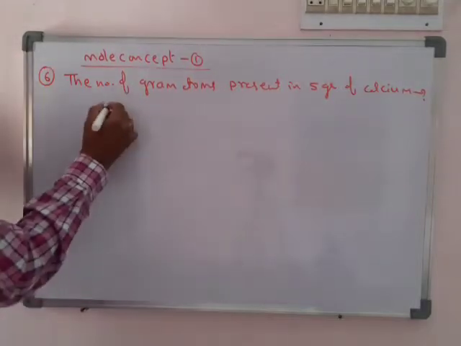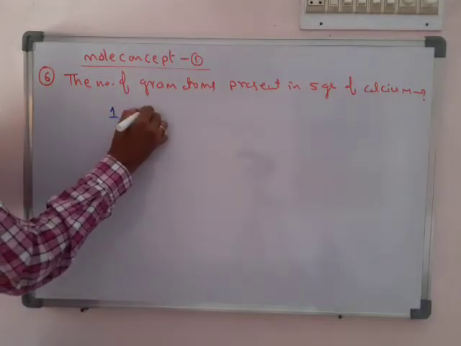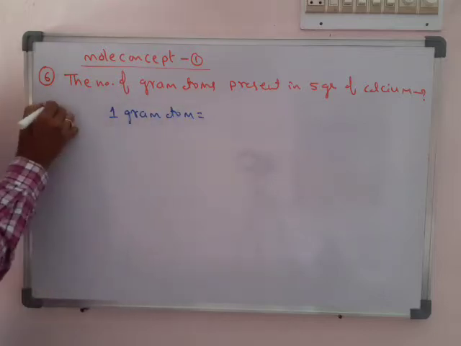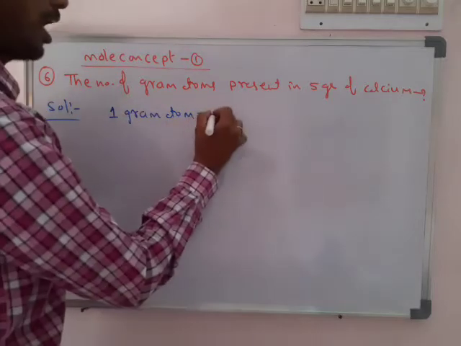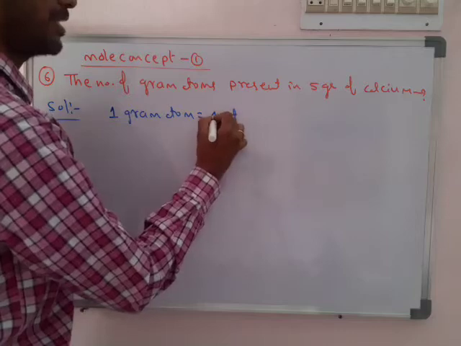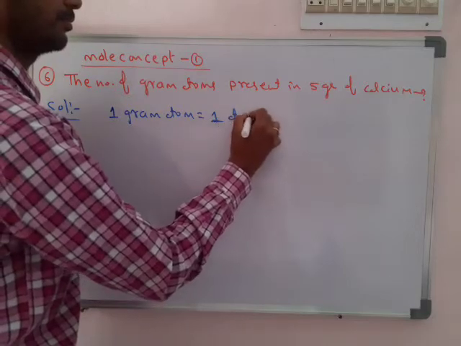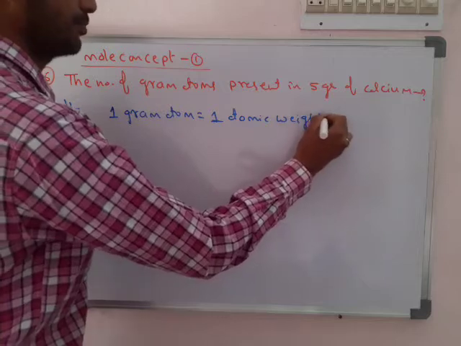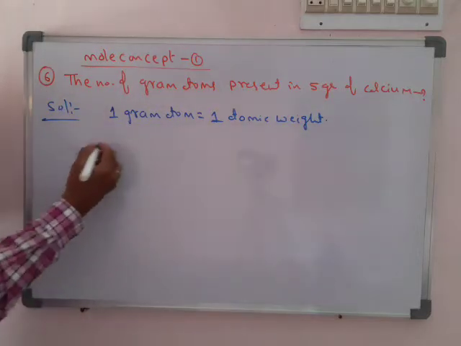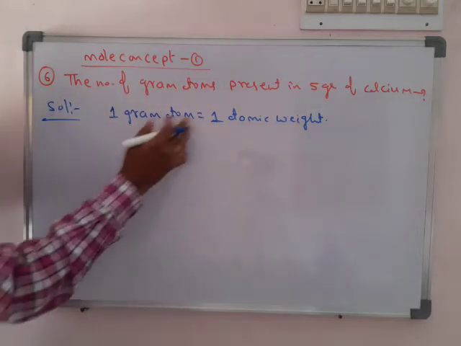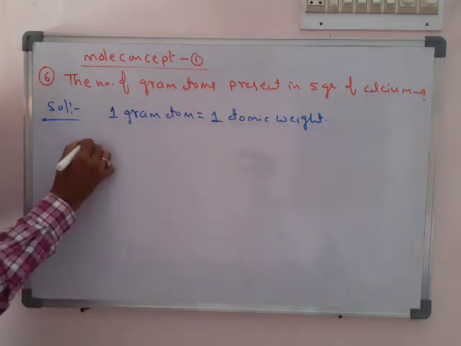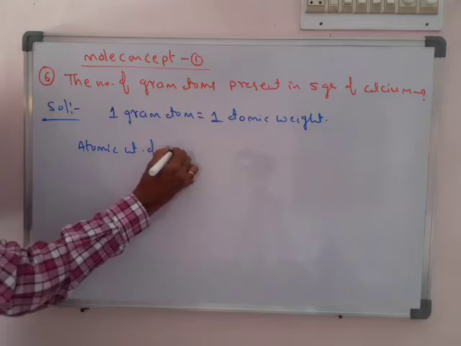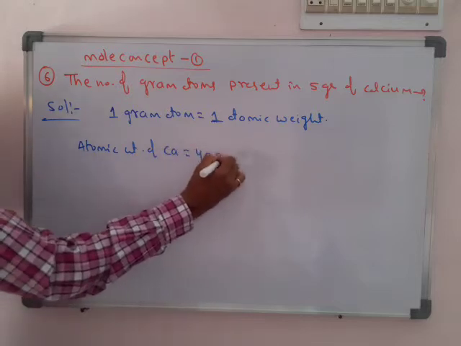The important thing is that 1 gram atom means 1 atomic weight. We know the atomic weight of calcium is 40 grams.